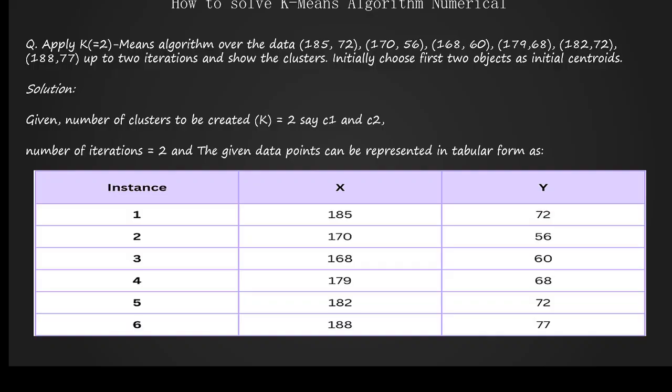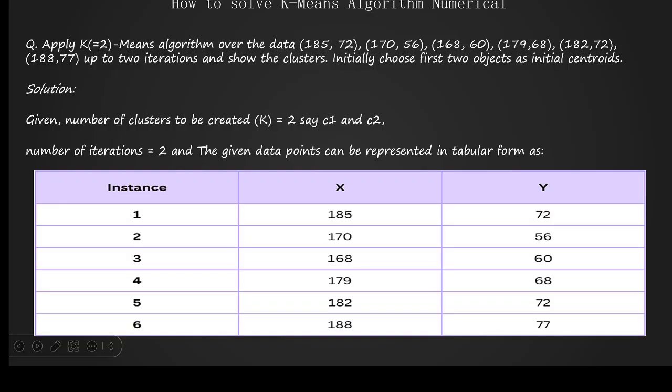So going forward with the working, we can see that for the K-means algorithm, K equal to 2 is already given, and data sets are given, and we have to do the two iterations and sort the clusters.